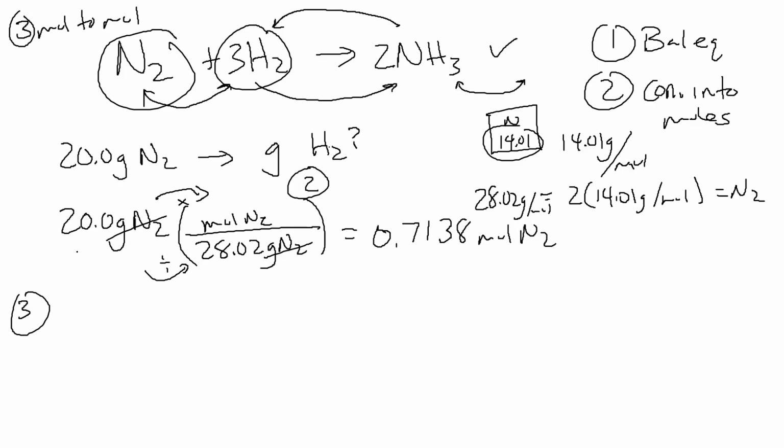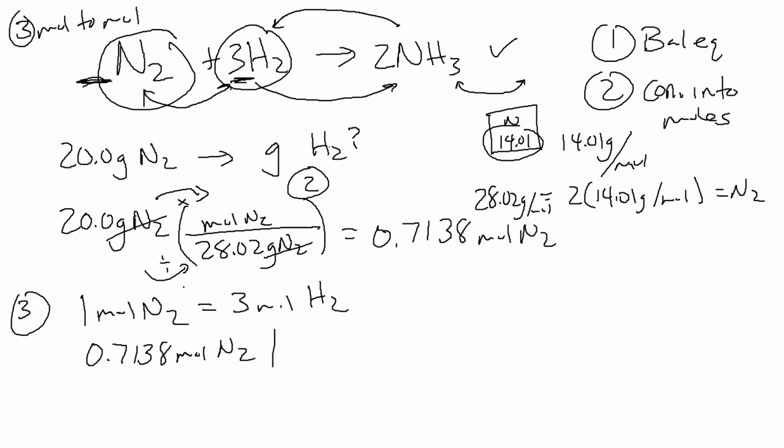Step number 3, we can see from the equation 1 mole of N2, which is the coefficient, will give us 3 moles of H2, which is its coefficient. We're going to use that as a conversion factor like I've been talking about. So 0.7138 moles of N2.